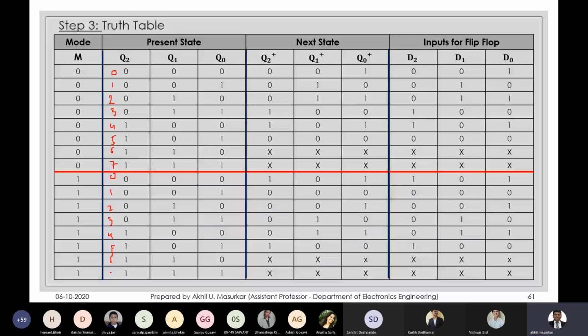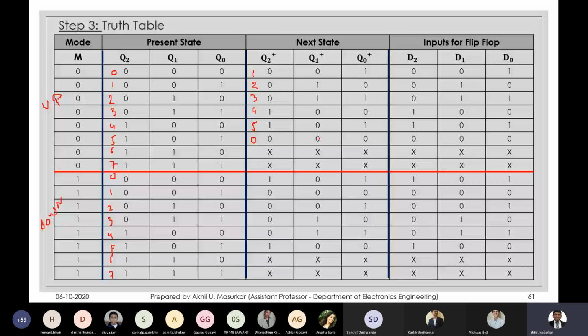Now you can see here, when M is equal to 0, we are planning to count up, and when M is equal to 1, we are planning to count down. So when we say up counting, 0 next state is going to be 1, 1 next state will be 2, 2 next state will be 3, 3 next state will be 4, this will be 5, and the next state of 5 would be 0.